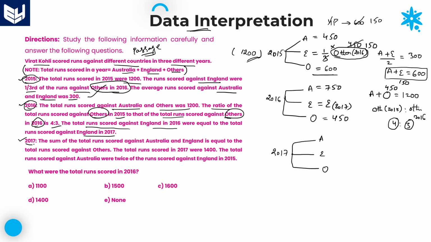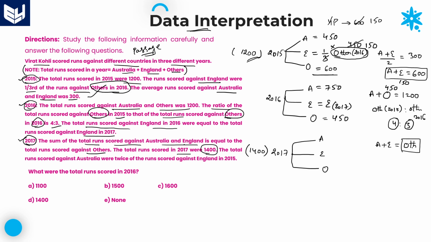Now coming to 2017. In 2017, the sum of total runs scored against Australia and England is equal to the total runs scored against others. That is, the sum of these two is equal to other countries. And next, total runs scored in 2017 were 1400. Now it is very easy to get the other values.